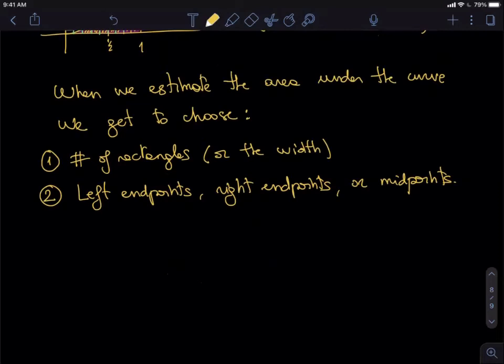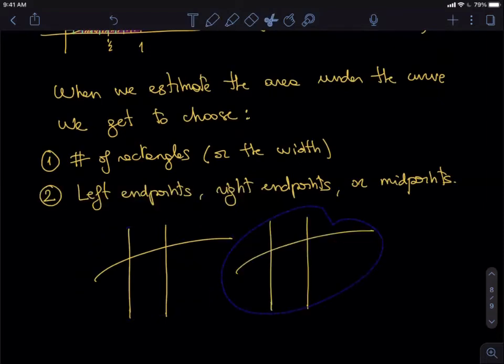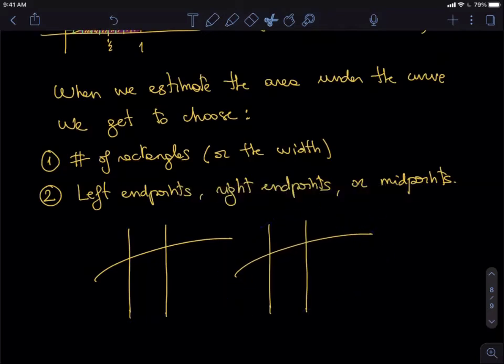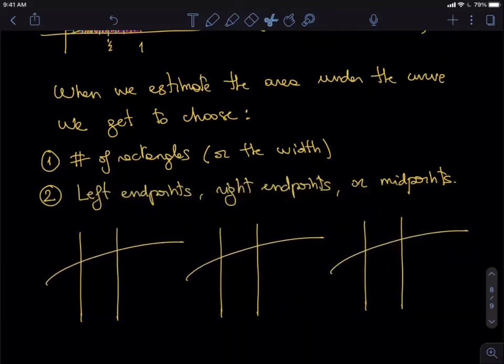Okay, sometimes instead of taking, let me copy this 3 times. So instead of taking the left or the right endpoints, sometimes we take the midpoint.